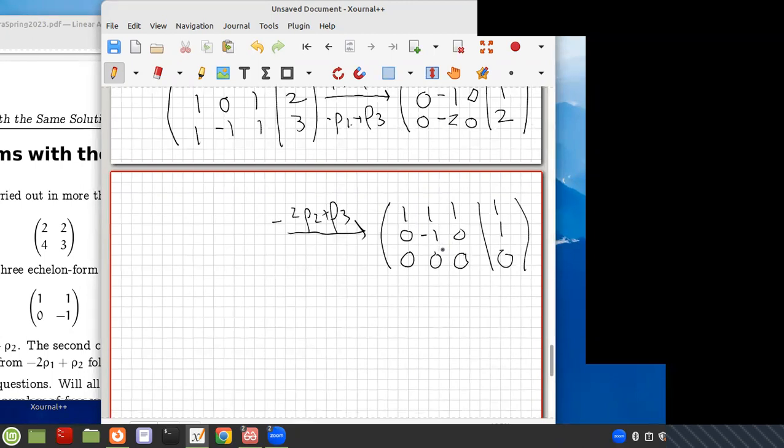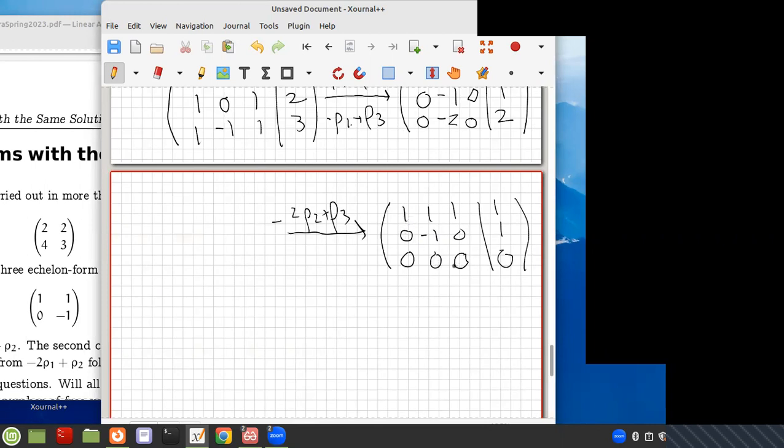Now, maybe it's not the best example to go to, but then what Gauss-Jordan does is it wants to go back up and do two things. Here, every leading variable has a 0 underneath it.